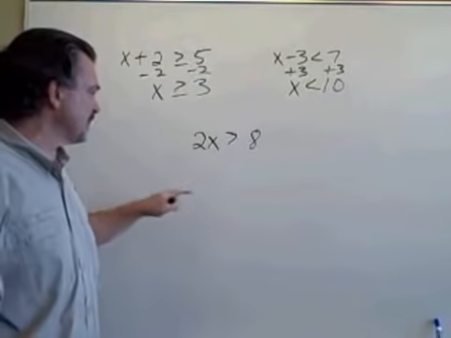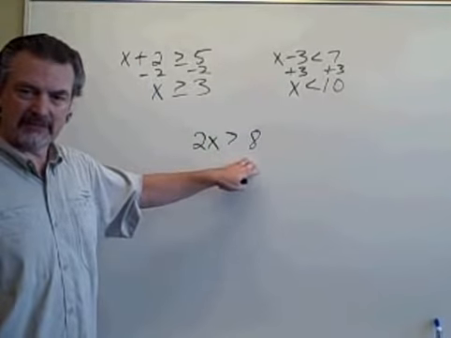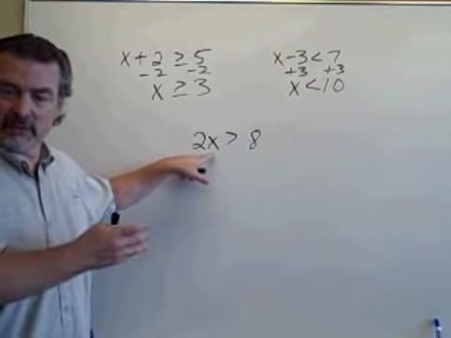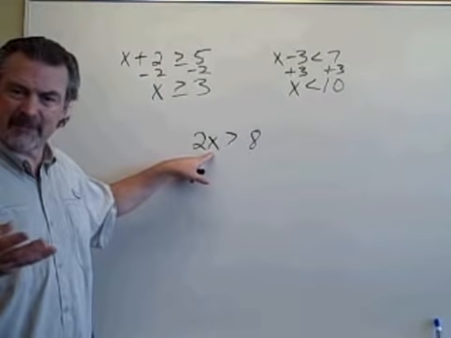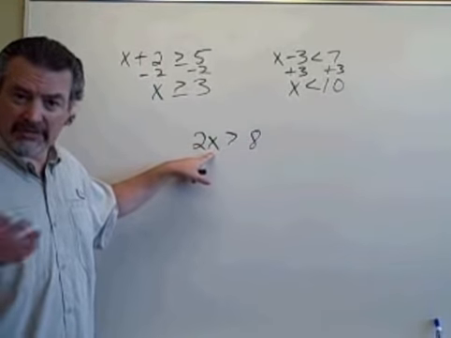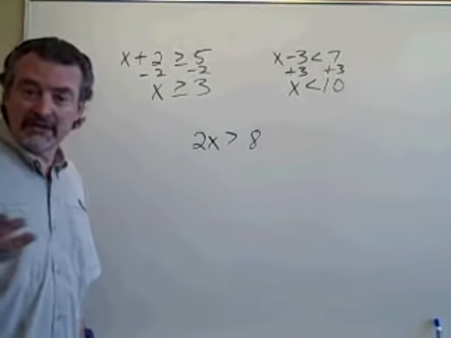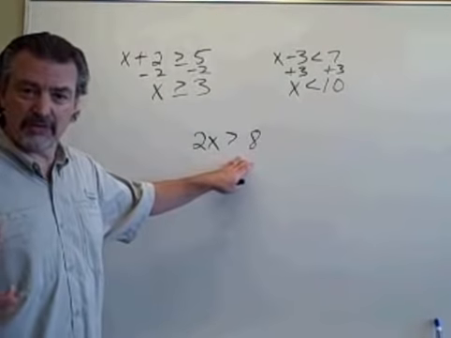What about this situation? What numbers can we multiply by 2 that will be greater than 8? Well, if I multiply 4 times 2, that's equal to 8, isn't it? We don't want equal, we want greater than 8. So wouldn't it have to be the numbers that are larger than 4? In fact, any number larger than 4, wouldn't 4.1, because 2 times 4.1 would be 8.2, and 8.2 is greater than 8.